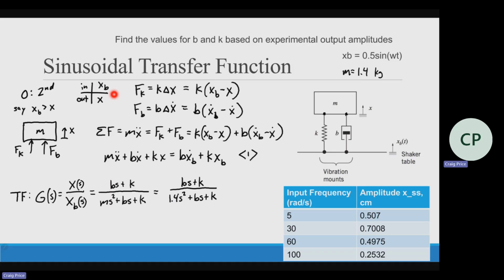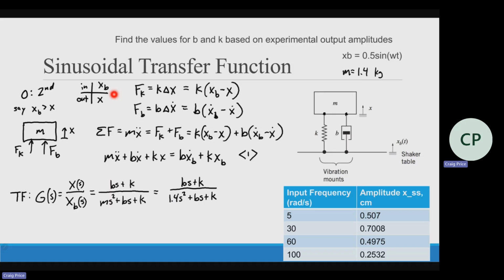Okay, so now we have the transfer function. So we have a couple options. The first option is I put this in MATLAB and I just plug in random values until we maybe see something. I give it a sinusoidal input and we just kind of run with it and see if it works. So I might be able to match the first one after 20 minutes, and then after that it probably wouldn't match the other one, so I'd have to adjust it more.